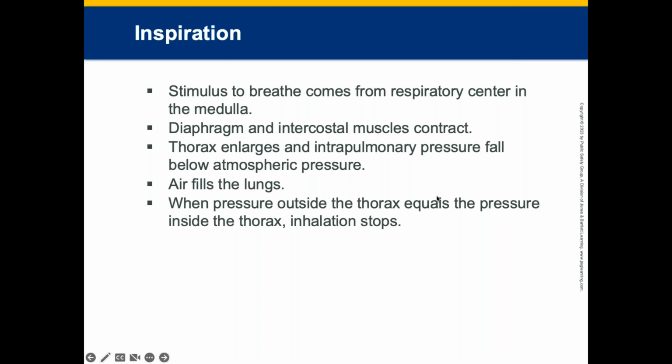Our normal inspiratory reserve volume is about 3,000 mLs in an adult male and 2,300 mLs in an adult female. These are numbers you might want to memorize. You're probably going to see these on a quiz, which gets released tonight at 10 o'clock.